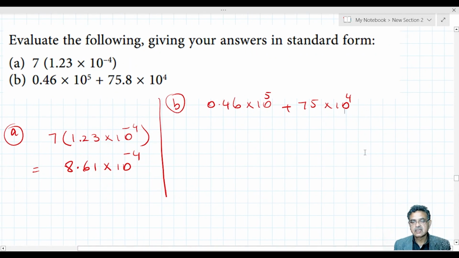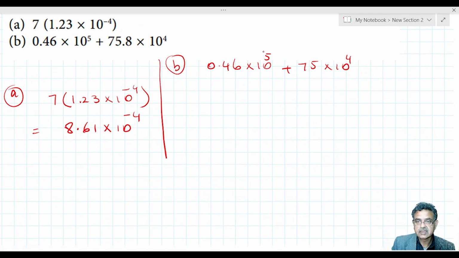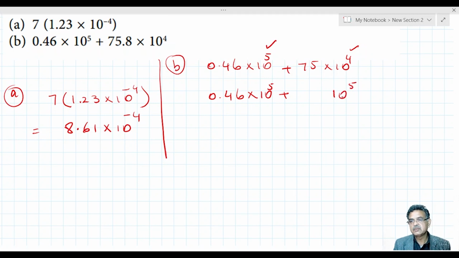Once again, as I suggested previously, as there is a difference in the powers of 10, the smaller power should be brought equal to the larger one. So this will be 0.46 into 10 power 5 plus, if we make it 10 power 5, the value will become larger, which we can adjust from this side.